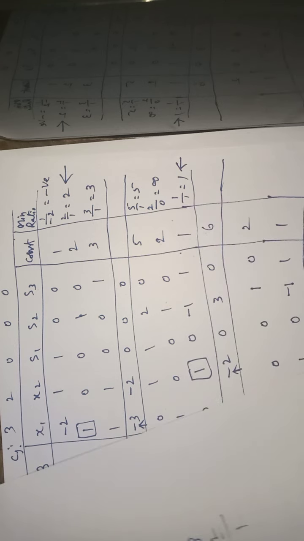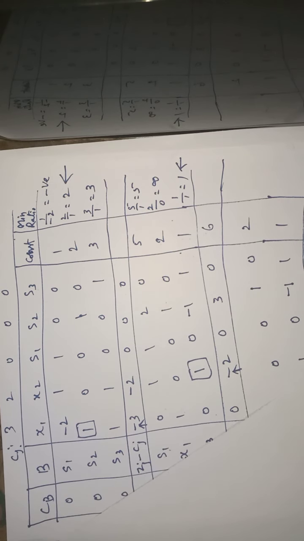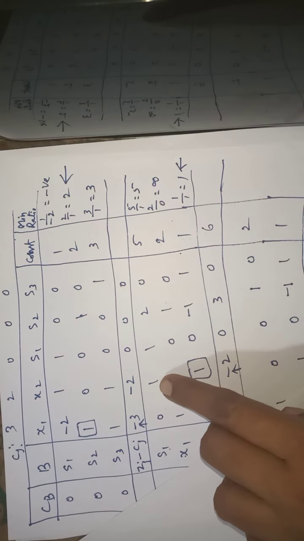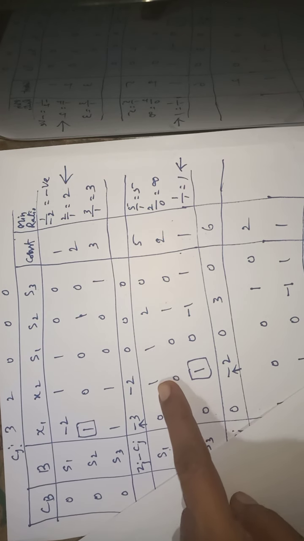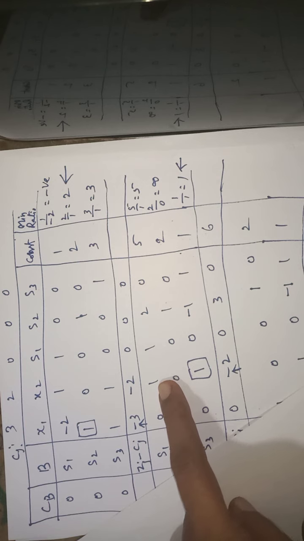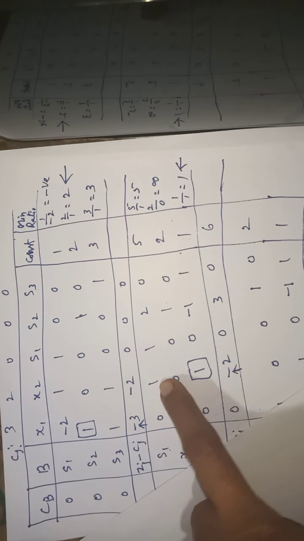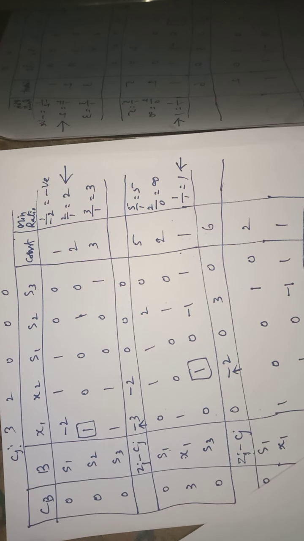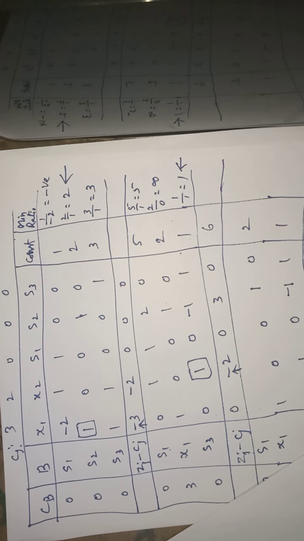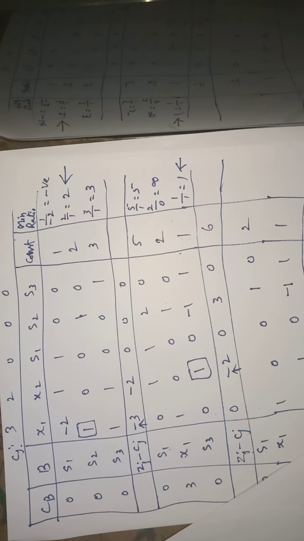That is R1 equals R1 minus R3. R1 is 0, 1, 1, 2, 0, 5. R3 is 0, 1, 0, minus 1, 1, 1.